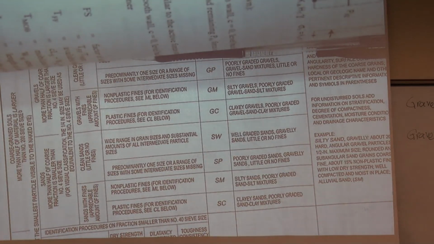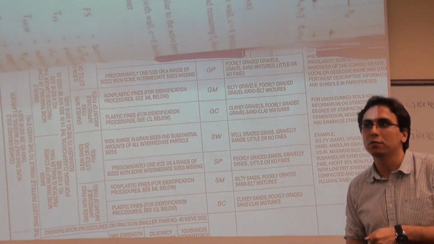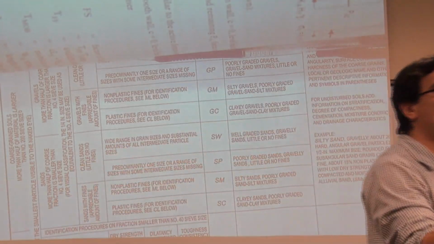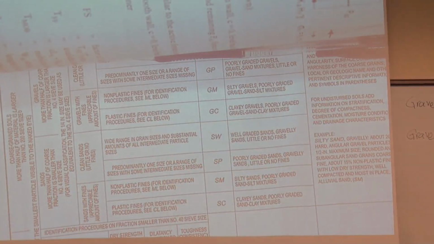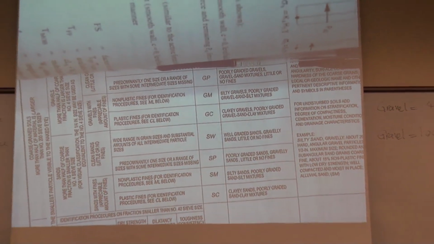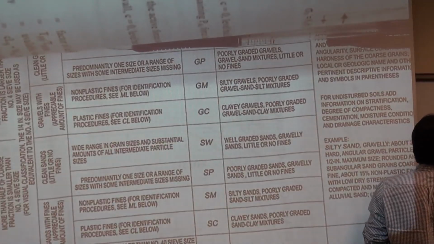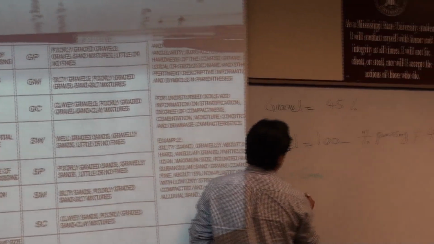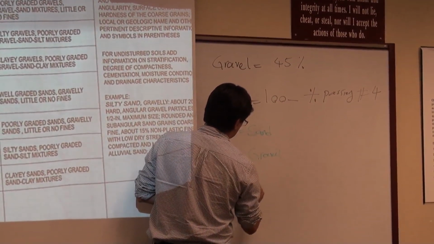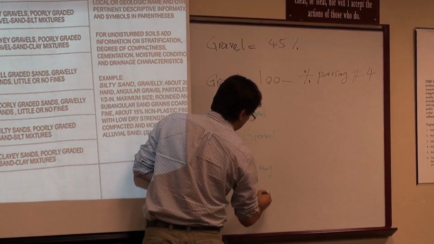For soils, in the USCS classification, we have a group symbol and a group name. Group symbols have 2 letters. The first letter is the main type of soil. S stands for sand, G stands for gravel, C stands for clay, and M stands for silt.